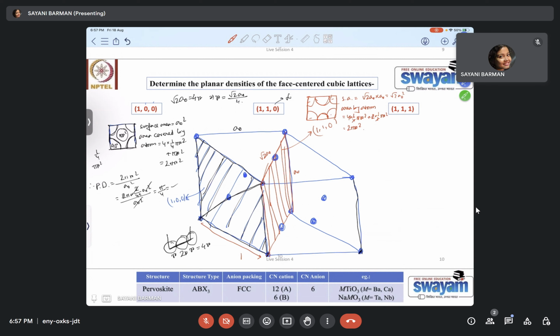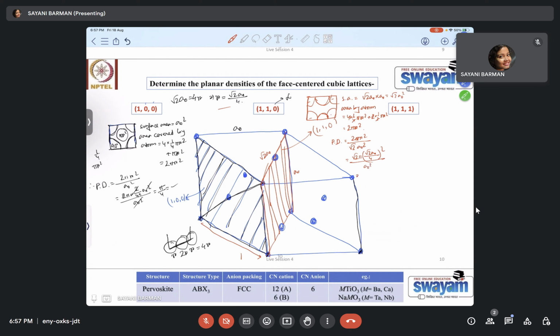Okay. So again it will be 2 pi r square. With that, planar density will be 2 pi r square by root 2 a0 square. Now it will be root 2 pi r means what? Root 2 a0 by 4 square divided by a0 square.